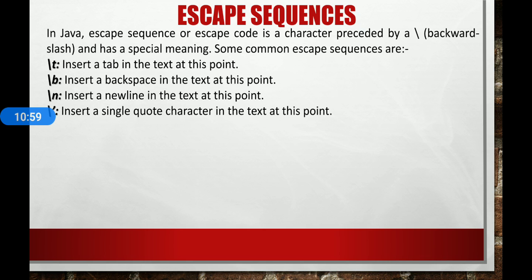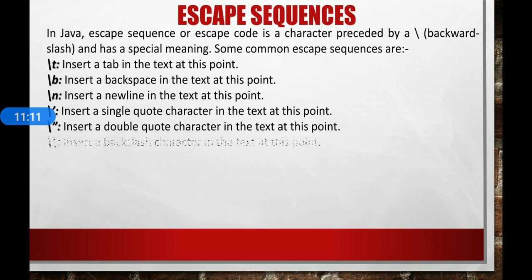\' inserts a single quote character in the text at this point. \" inserts a double quote character in the text at this point. And \\: if you want to display the backslash character, then you can use this escape sequence to display the backslash character in the text at this point.